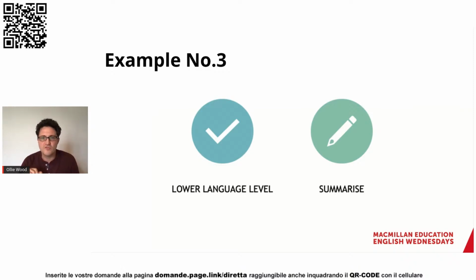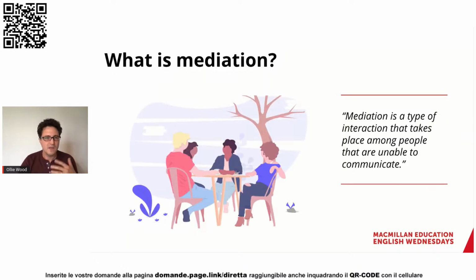Okay, so we've got some examples now, but what is mediation? In very general terms, it's a type of interaction that takes place among people that are unable to communicate. When speakers do not speak the same language, or when speakers do speak the same language, but one of them has a wider or more specific knowledge of the common language.